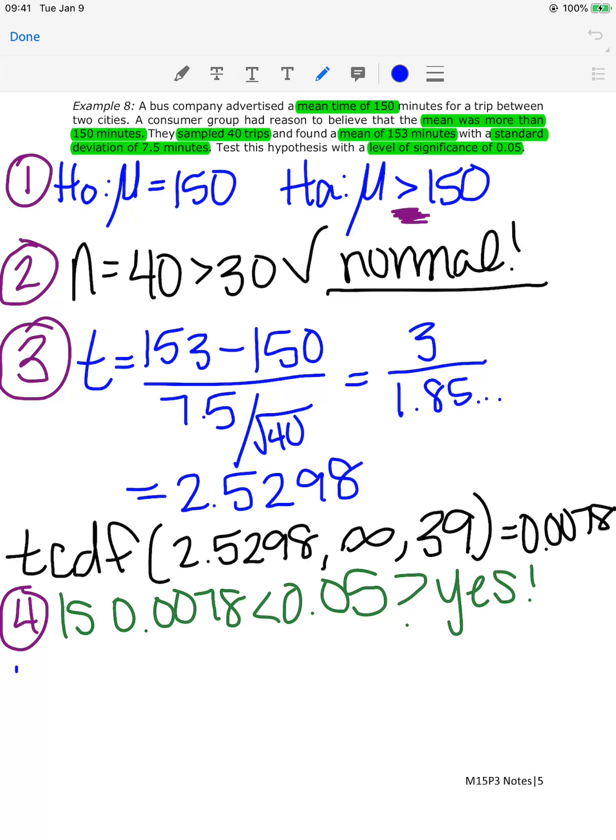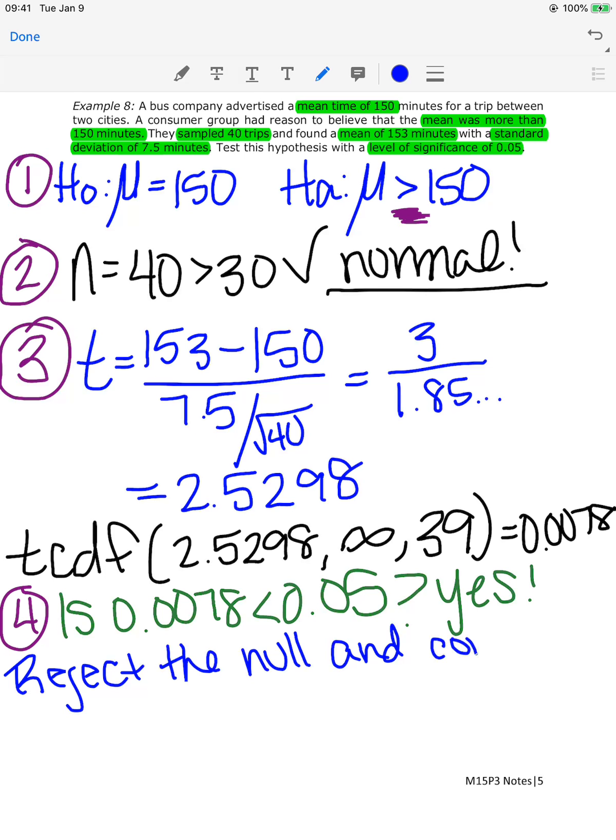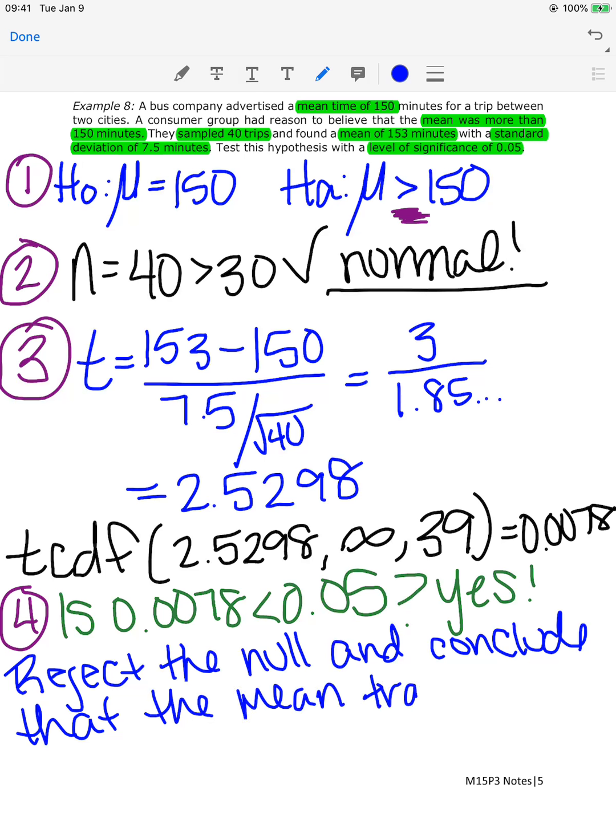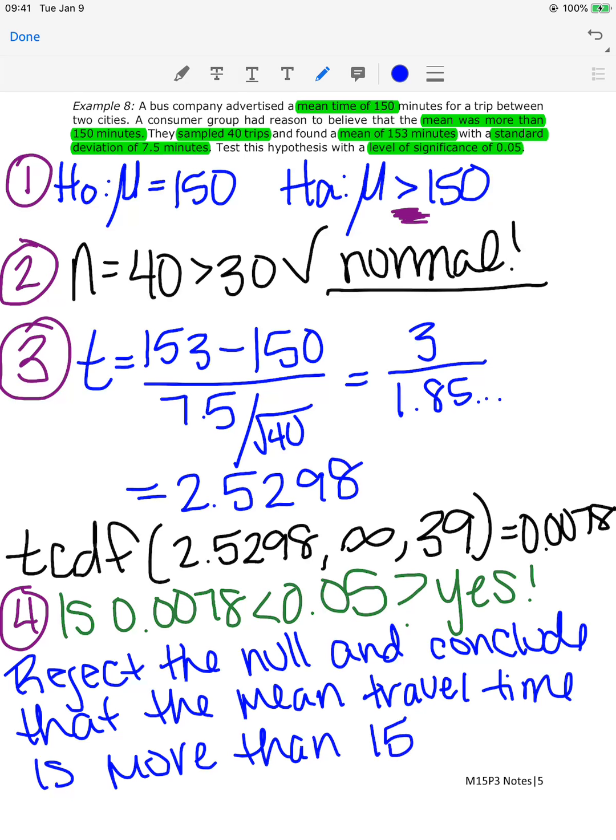Therefore, we reject the null and conclude that the mean travel time is more than 150 minutes. So they were mistaken about the average time it takes to get from one city to another. It is actually more than 3 hours.